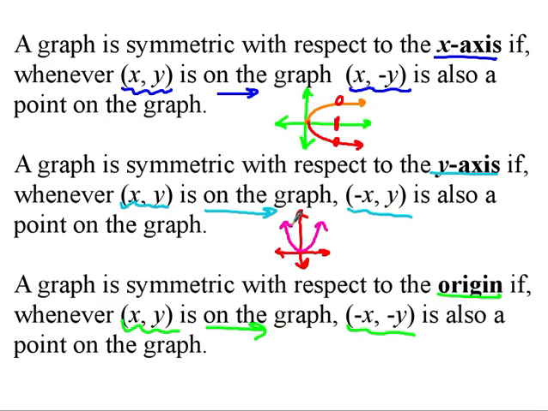Now origin means it's flipped both ways. So that means it's flipped on the x and it's flipped on the y. So when I think of origin symmetry, I think of the odd duck. Origin symmetry means that if I start here and do this, to be origin symmetry, it's got to be reflected on the x and then reflected on the y.